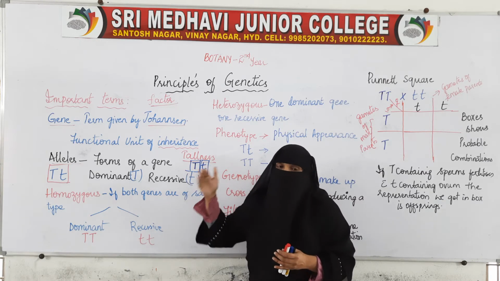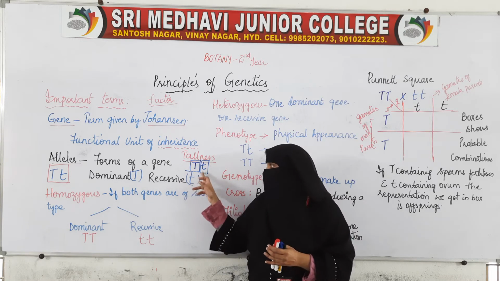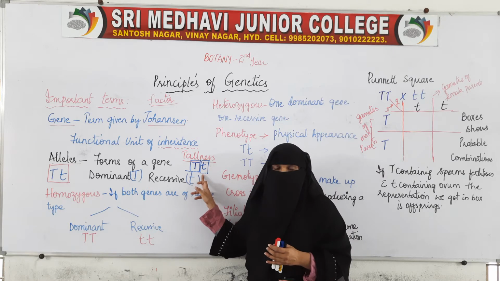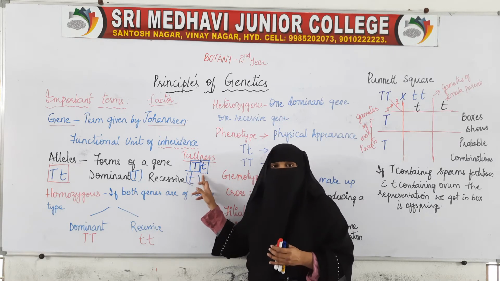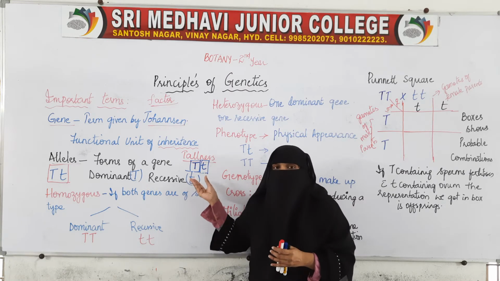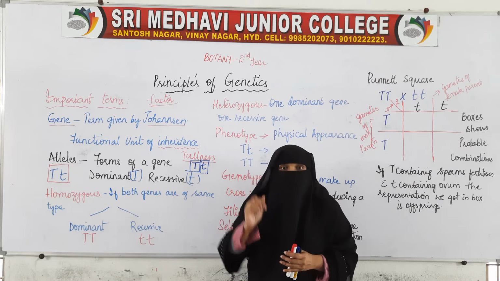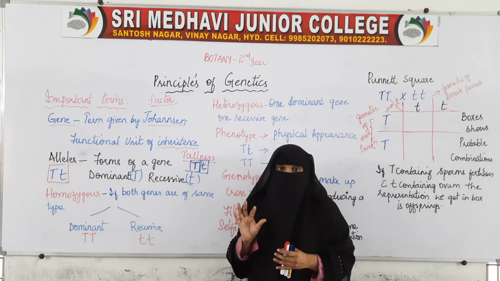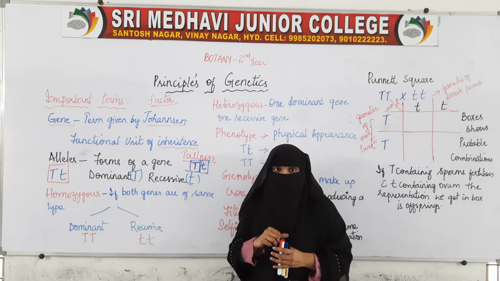So the height can be taller, the height can be shorter. A gene will have both these forms, the tall form as well as the short form. Whether it is tall or short, both of them are giving the character. Which character? Height. The character they are representing is height.